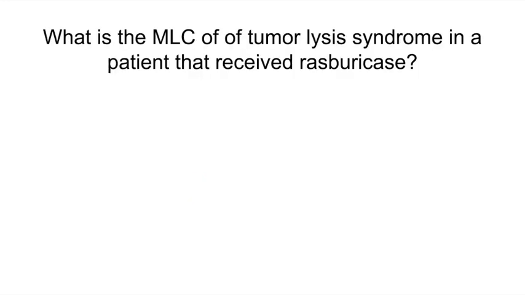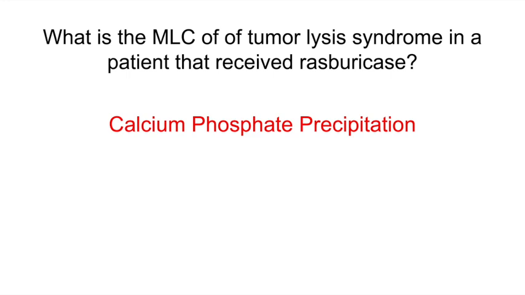What is the most likely cause of tumor lysis syndrome in a patient that received rasburicase? Calcium phosphate precipitation. So, like previously mentioned, rasburicase reduces the likelihood of developing acute kidney injury due to renal tubular uric acid precipitation.